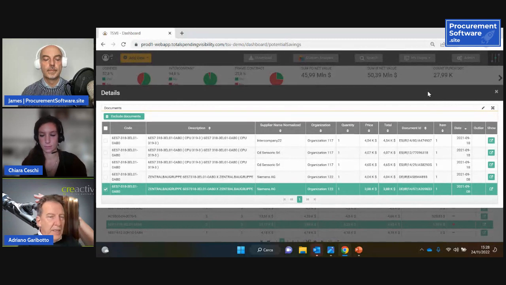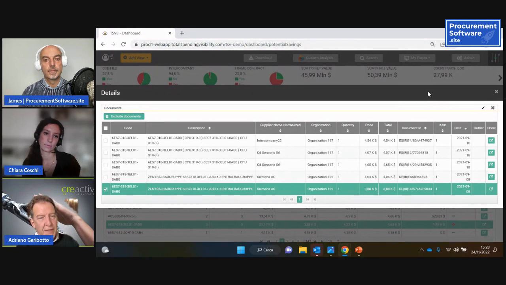So the idea here is that you do not need to spend time creating good data to make that analysis, because artificial intelligence is able to do that not only on the historical data, but also by refreshing the data each month. You can also see if the actions that you are taking in your specific categories are really implemented by your colleagues in the business line.